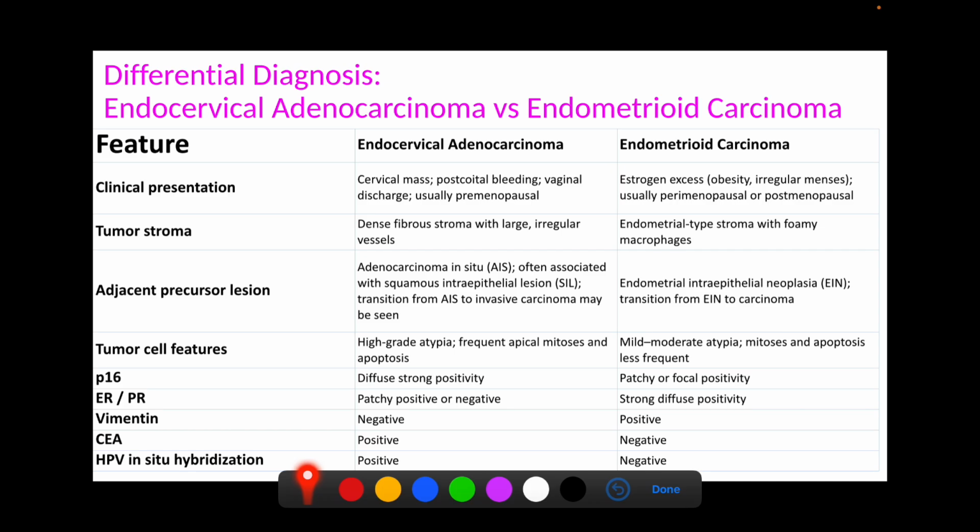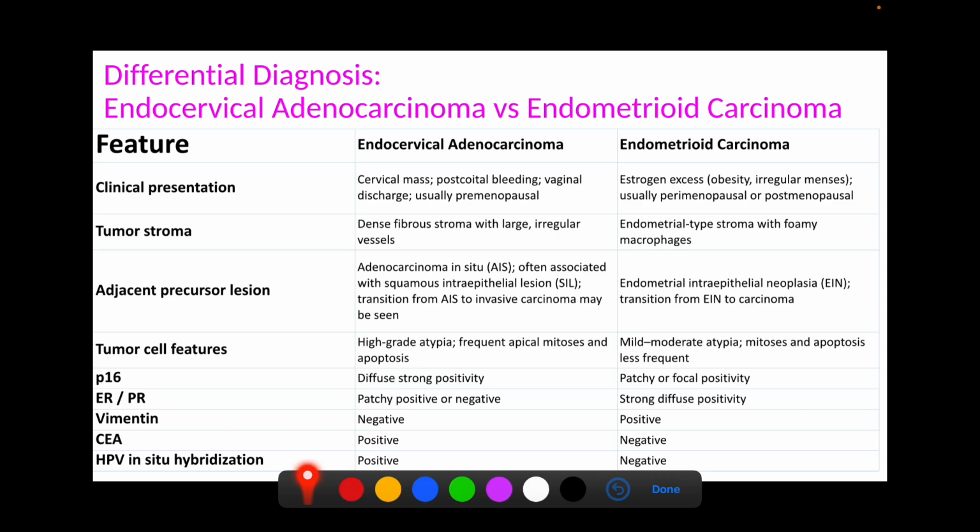Tumor cell features: high grade atypia compared to mild to moderate atypia in endometrioid carcinoma, and mitosis and apoptosis are frequent in endocervical, whereas they are less frequent in endometrioid carcinoma. P16 is diffuse strong positive; here patchy or focal positive.